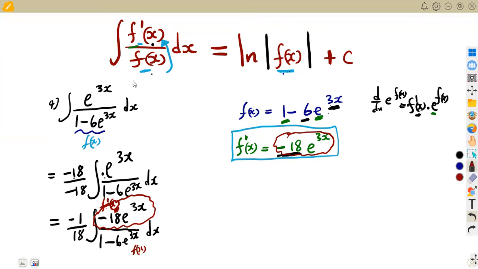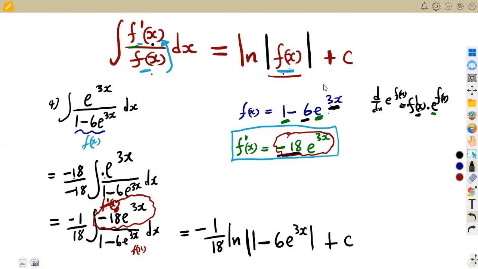When it is like this, use this log on your answer. So our answer is going to be -1 over 18, which is outside, the ln of f of x, our whole denominator, 1 minus 6e to the exponent of 3x. Remember, this is our f of x, in this case 1 minus this, then plus the constant of integration. We are done. So that is the whole idea.